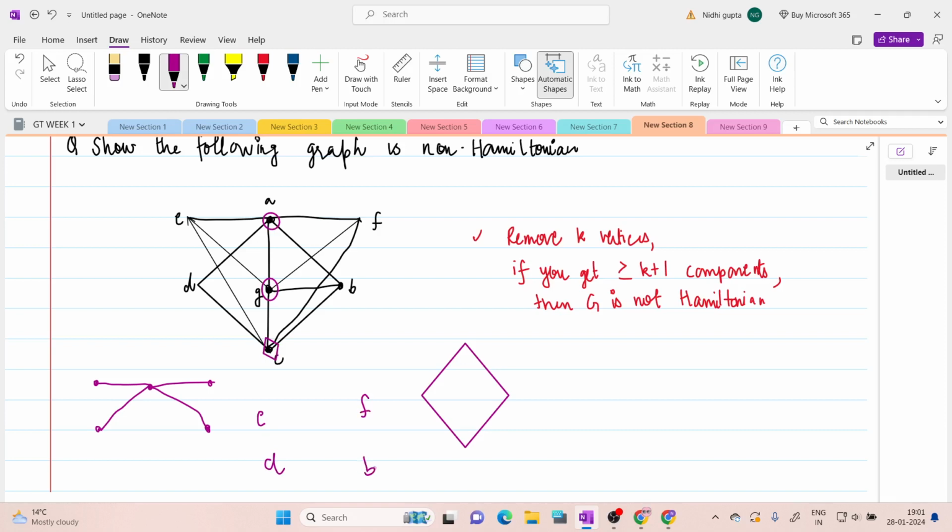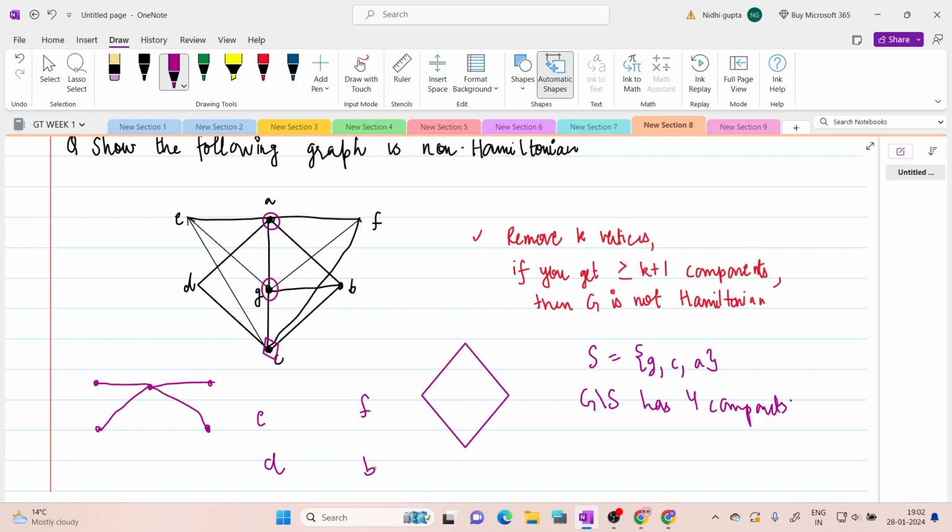So if we take S to be {G, C, A}, then G minus S has four components. Therefore, we can say that G is not Hamiltonian.